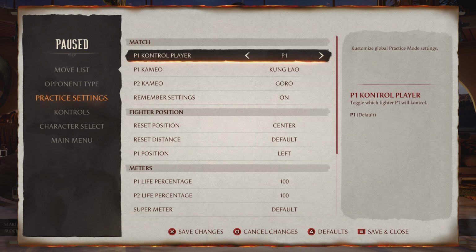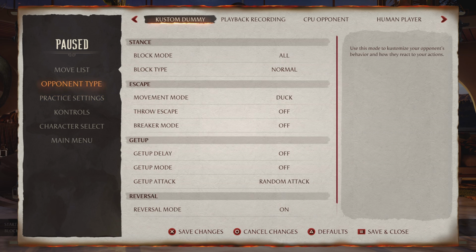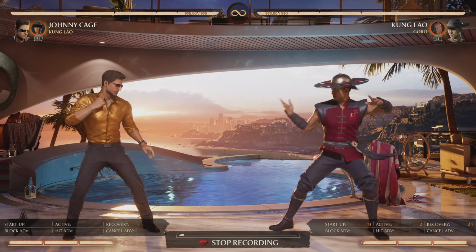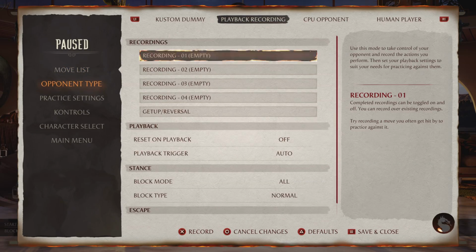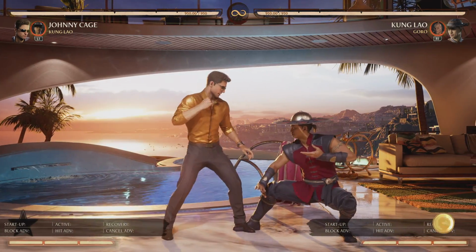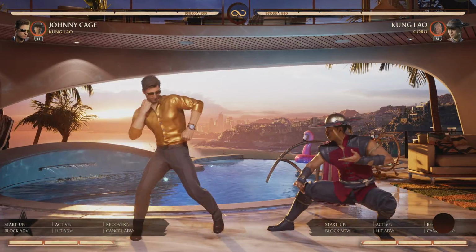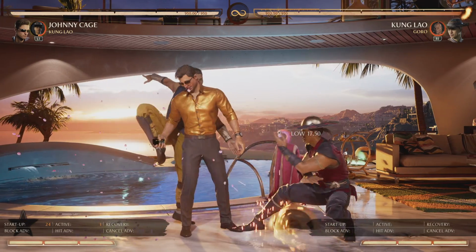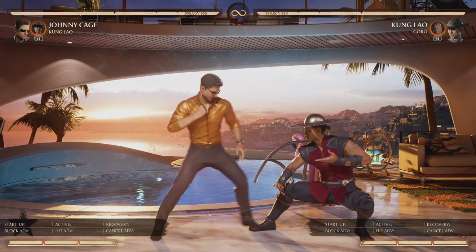This is why playing different matchups and playing a lot is very important to getting better. Because if I set Kung Lao's reversal to be a 13-frame mid, because let's say I'm poking him all day after Lao Hat, he's getting mad and he wants to frame trap me or do a mid. He can't. His mid is too slow.